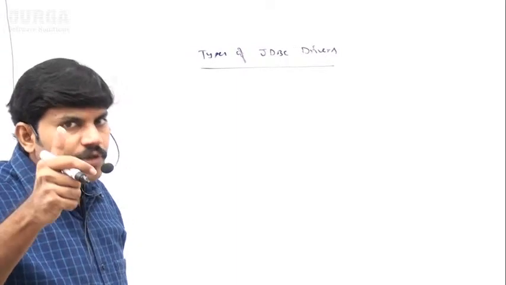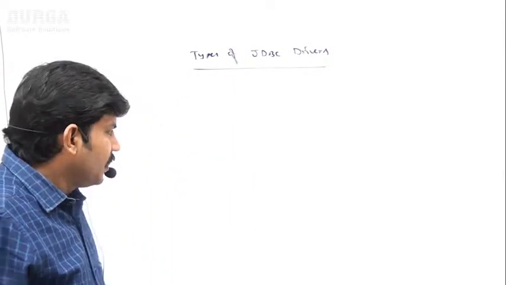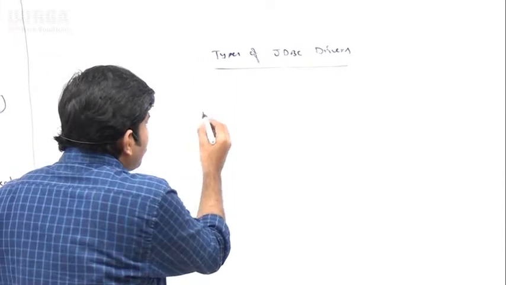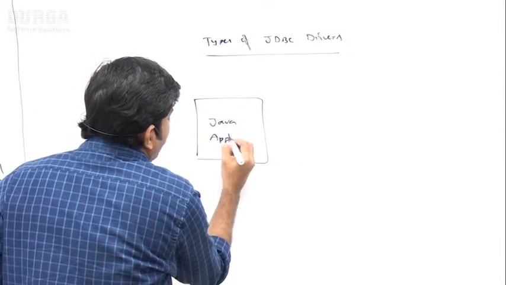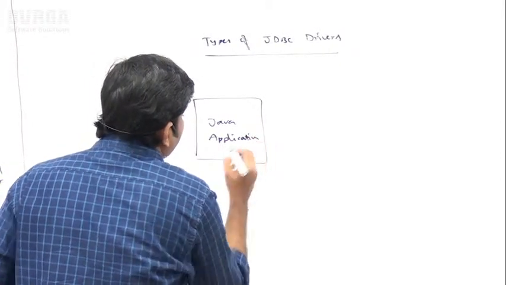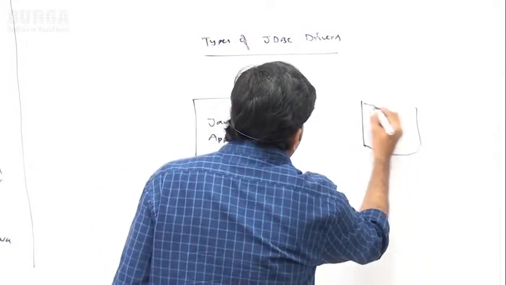Before going into how many types there are, let me review the purpose of drivers first, so that you are aware. I have a Java application. Assume it is a Java application. Now I want to communicate with the database.